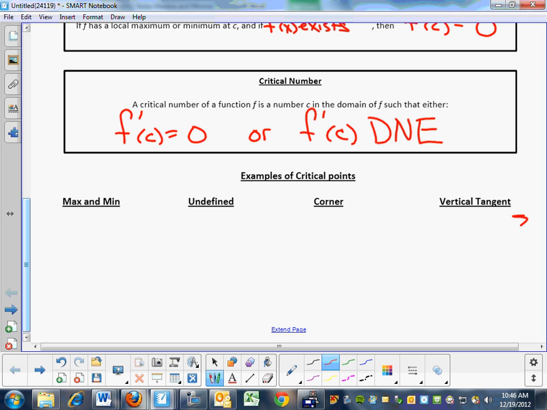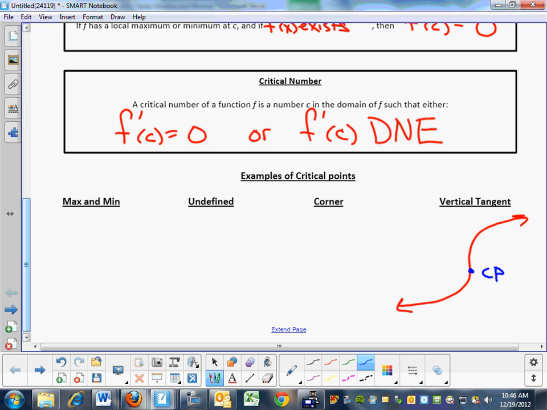So here are the examples, classic examples of critical points. Let's suppose that you have a graph that looks like that. You can see that you have a critical point right here. That is a critical point because you have a vertical tangent. If you have a vertical tangent, f prime of C does not exist.